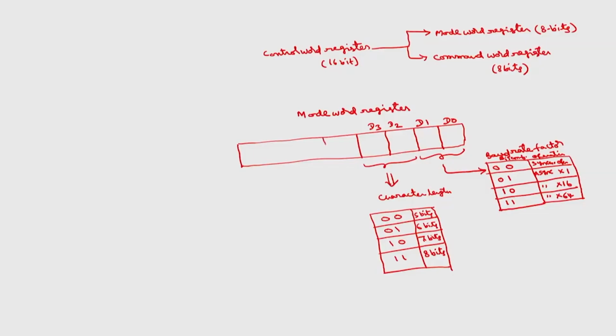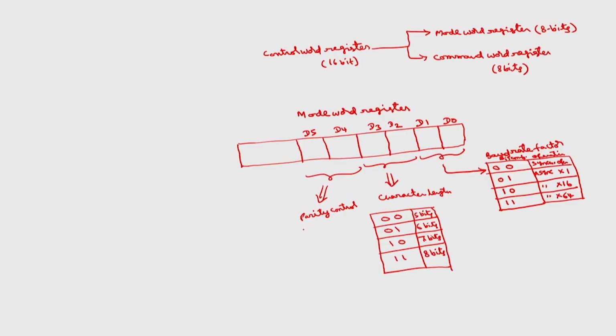The next 2 bits D4 and D5 are parity control signals. This will be parity control. As I have discussed in the earlier lecture, we have to send some parity signals in order to detect and correct the errors at the receiver. We can transmit either even parity or odd parity, or we can have no parity also. For short distance communications, you can send even without parity.